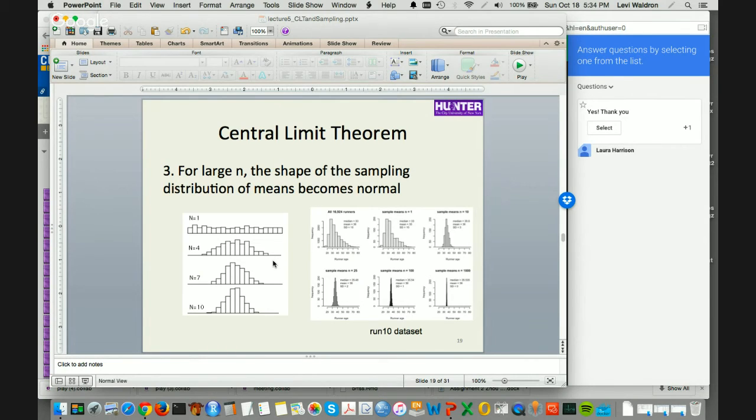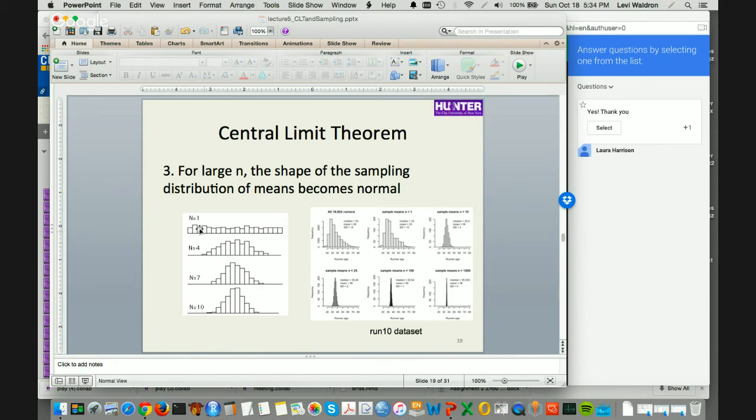So finally, part 3, and this is really a useful property: for large enough samples, the shape of the sampling distribution becomes normal. So the distribution of means becomes normal, which is really quite incredible. No matter what the distribution of ages or serum cholesterol levels is in the population, the distribution of means will still be normal.